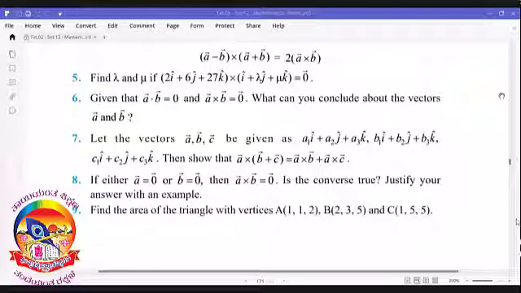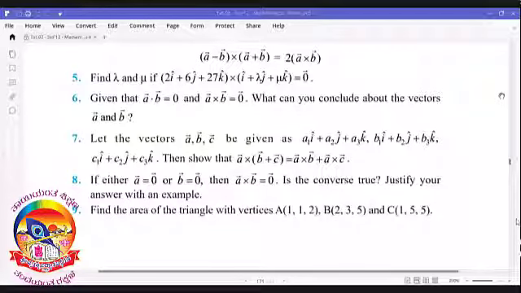Now, in only one problem, how is it possible that A bar is perpendicular to B bar and A bar is parallel to B bar? It is possible, that means these two conditions are possible, if and only if A bar and B bar are null vectors. Am I right? Otherwise, these two are not possible in one problem.